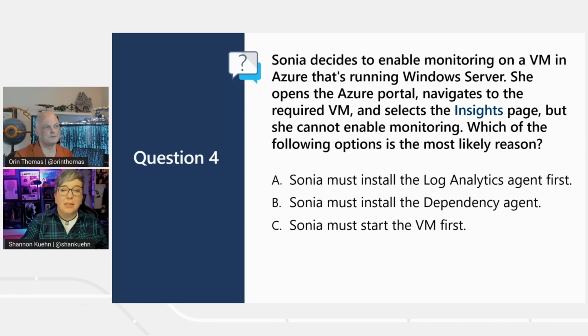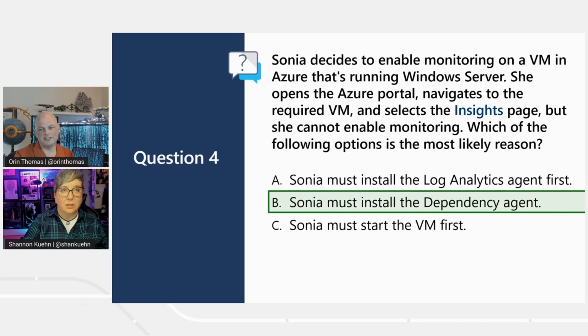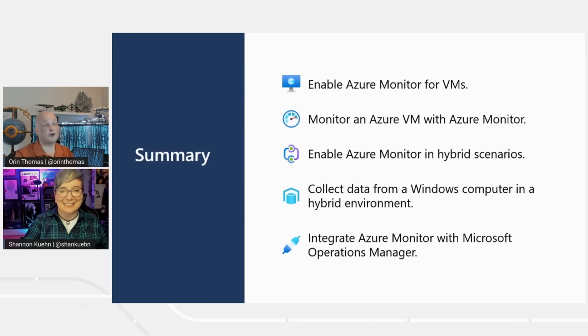So I think the VM, you wouldn't have gotten that far if the VM was off, so I don't think it's C. And I don't think you would have gotten this far if Sonia hadn't installed the Log Analytics agent. So I believe Sonia needs to install the Dependency agent. That is indeed correct.